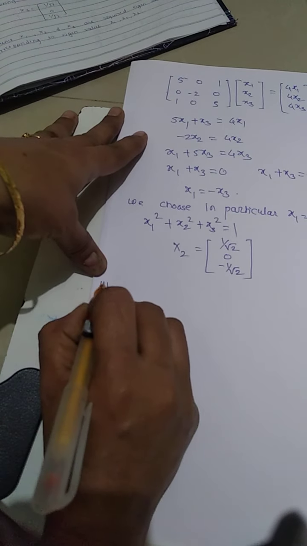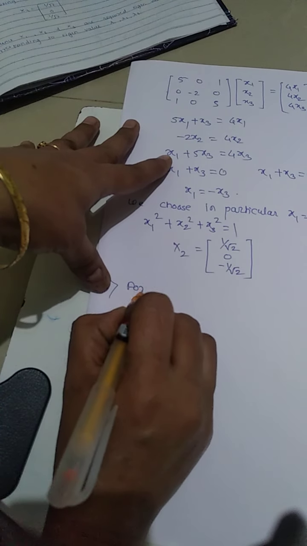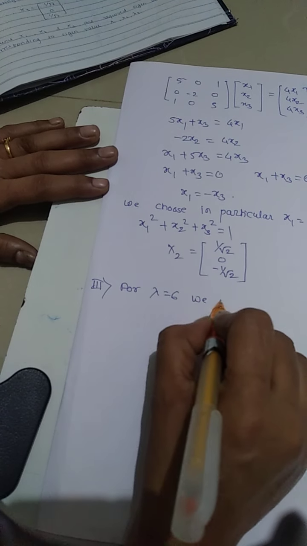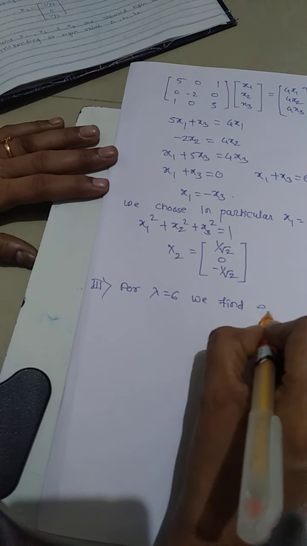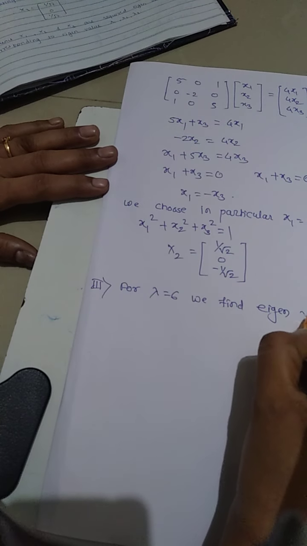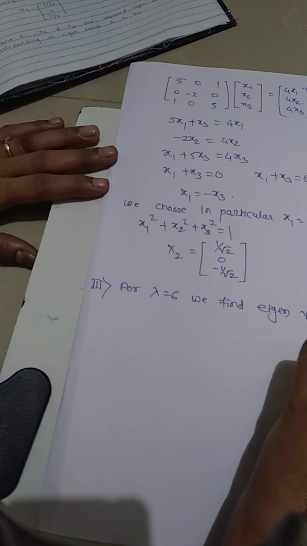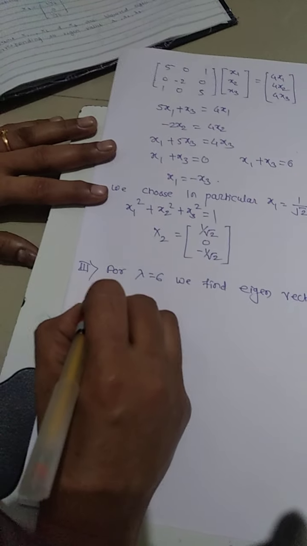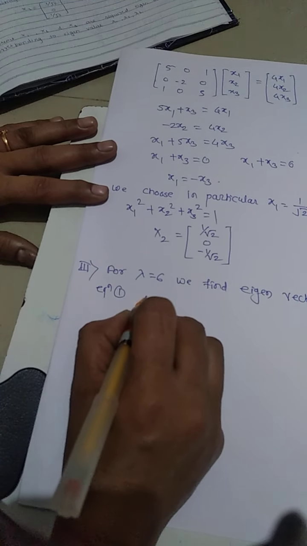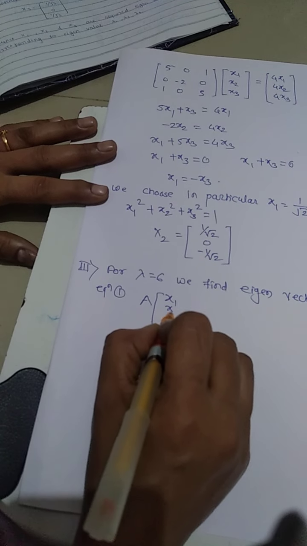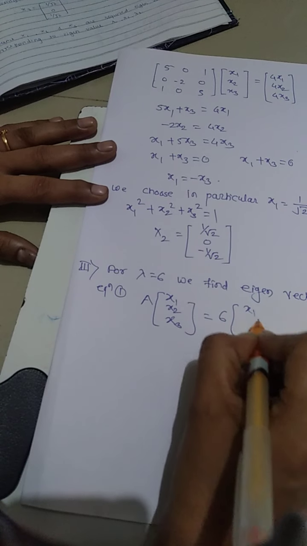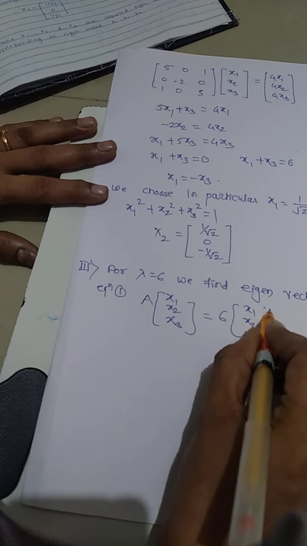Then third, for lambda is equal to 6, we find the eigenvector X3 is equal to (x1, x2, x3). Then from equation 1, same procedure, A into (x1, x2, x3) is equal to 6 into (x1, x2, x3).